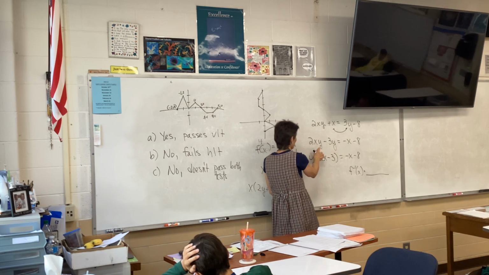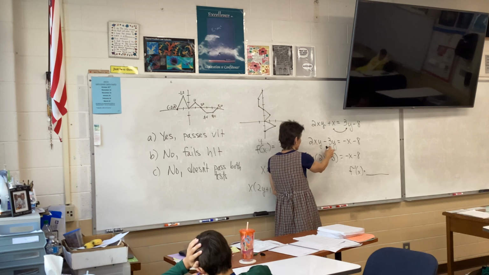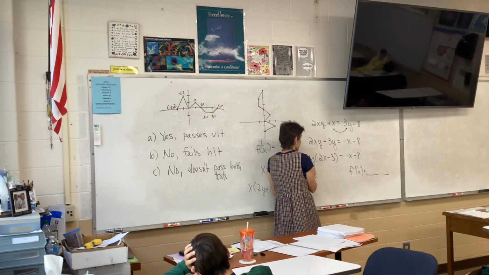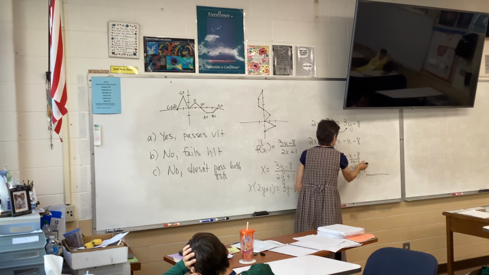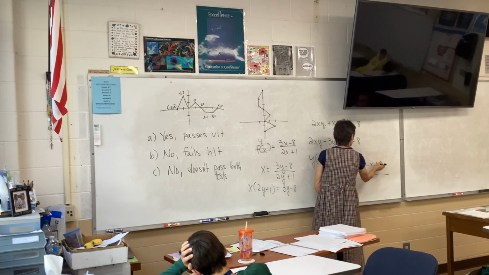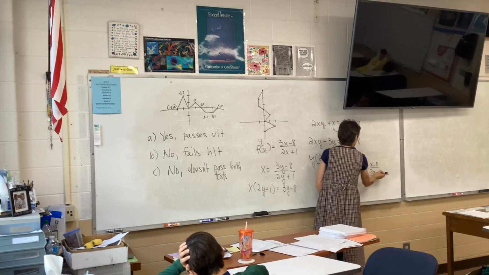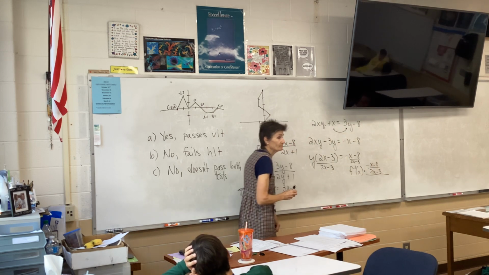So if you take out the y, you have 2x minus 3 left. I took out the y's. And then last step, divide by the parentheses. So in the answer blank, goes negative x minus 8 over 2x minus 3.